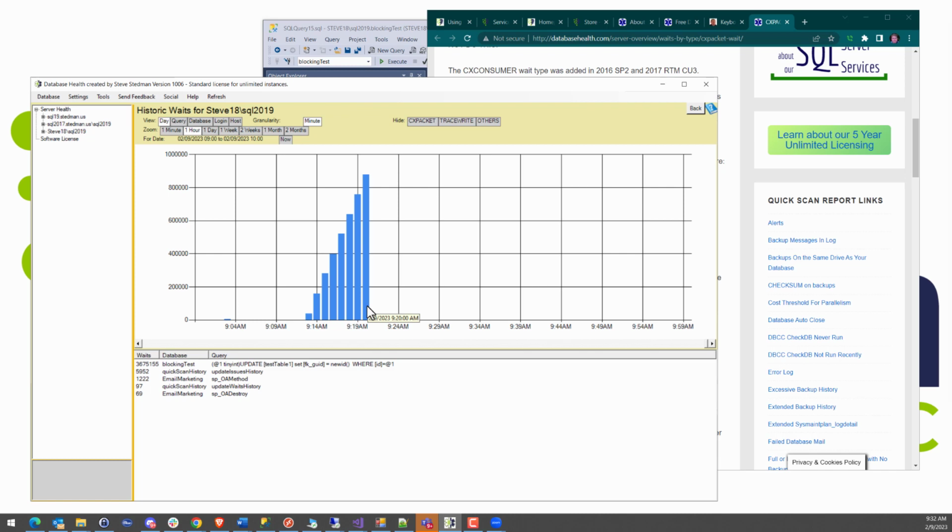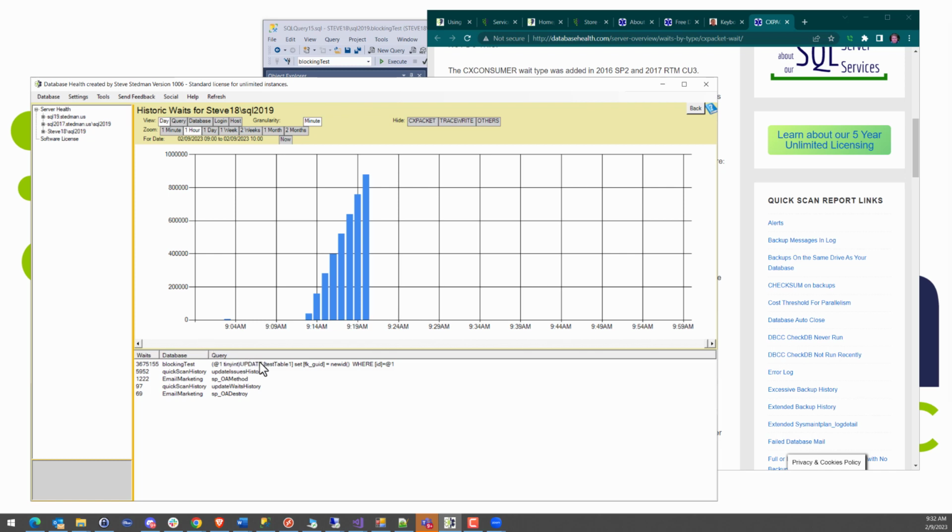When you see something like this where it's stacked bars that continue to grow and grow and grow over time, that usually means that it's the same thing that's stuck and the weights associated with it are just starting to pile up. So in this case, this was our blocking test.